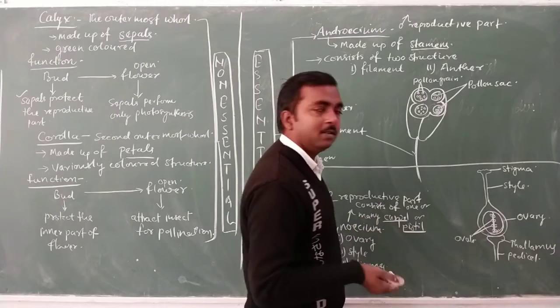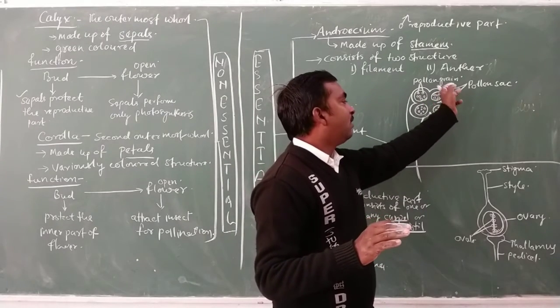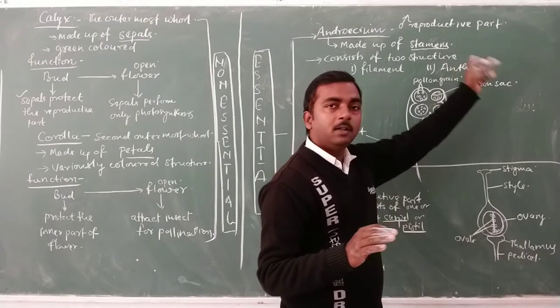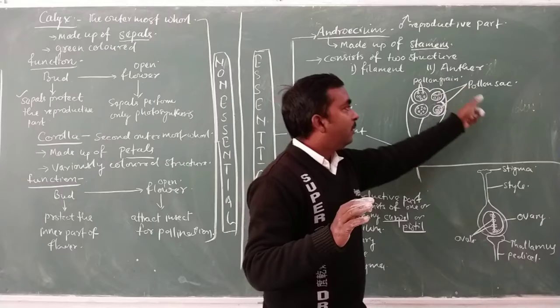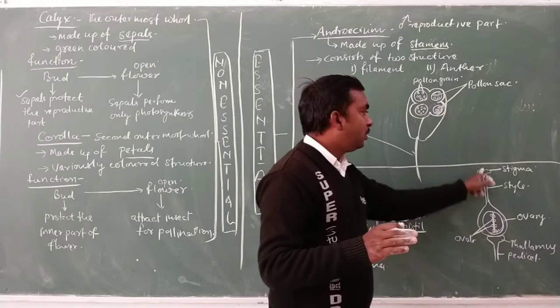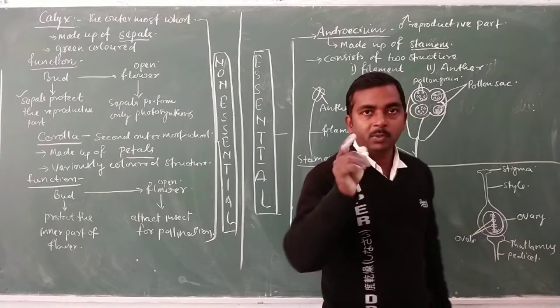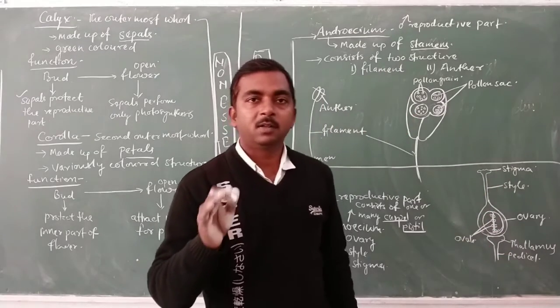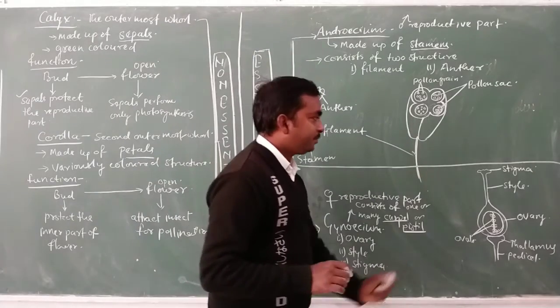After the pollen sac opens, the pollen grains are exposed, and with the help of various agencies, they transfer and fall over the stigma. It means stigma provides a platform, a surface for the pollination by the pollen grain.